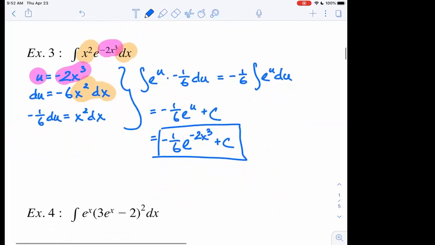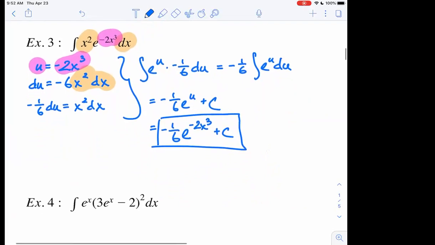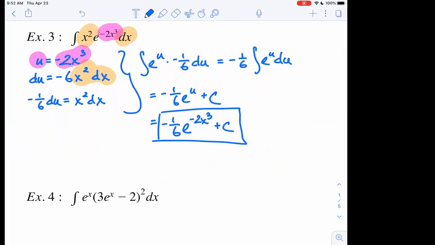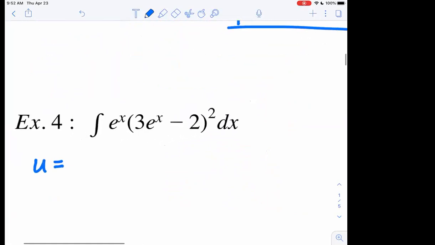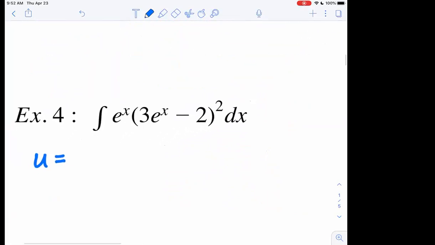Okay. So let's take a look at question number 4. All right. What do we think our u should be for question number 4? Would it be 3e to the x minus 2?